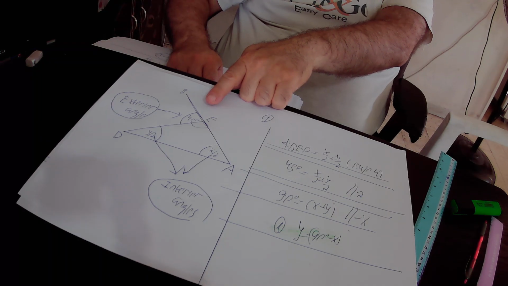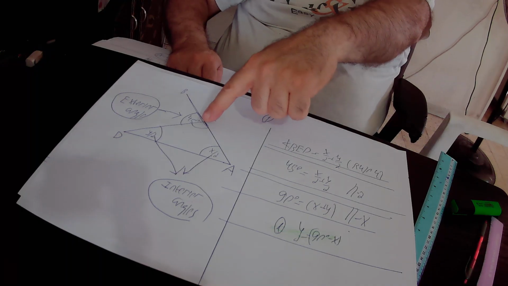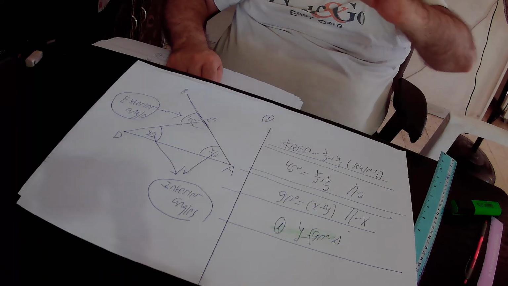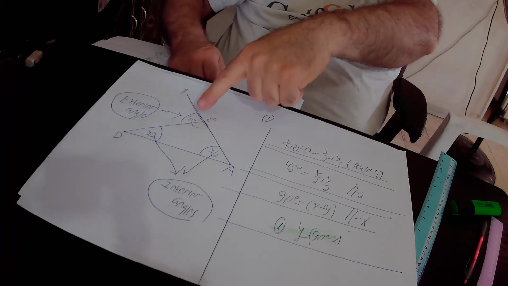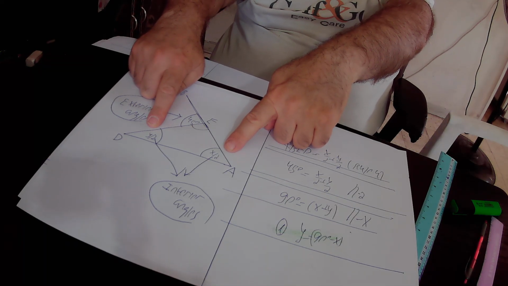The size of external angle BED is 45 degrees. According to rule 4, the size of the external angle BED is equal to the sum of the two interior angles that are not adjacent to it. This angle AED is definitely adjacent to angle BED. The two other angles that are not adjacent to this angle BED are x over 2 and y over 2. And the sum of those two interior angles that are not adjacent to it is of course x over 2 plus y over 2.